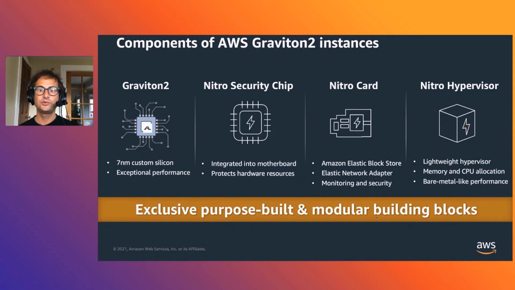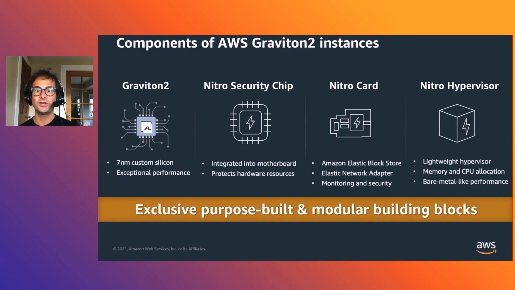All the Graviton2 based instances are based on our Nitro ecosystem. They use the Nitro security chip that is protecting all the components on the motherboard from being tampered with by any external attacker.